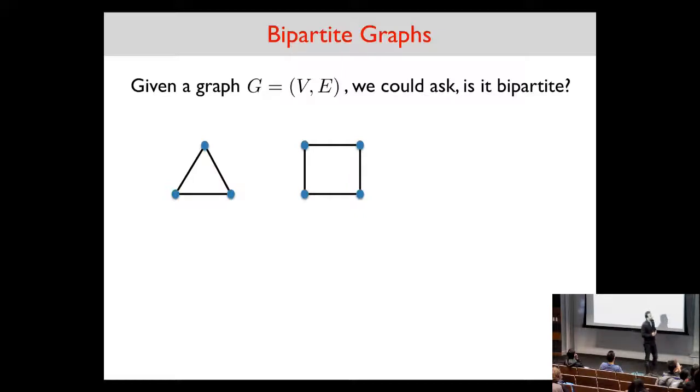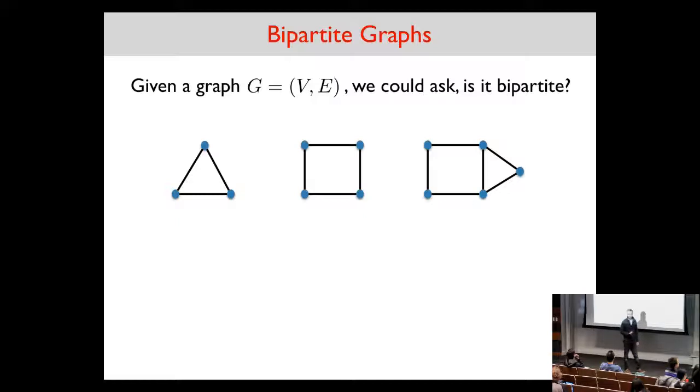In one part, x, put the top left vertex and the bottom right vertex, the diagonal, and put the remaining top right and bottom left in the other part. And you see that works. So it's not easy to see immediately whether even a simple graph like this is bipartite or not.